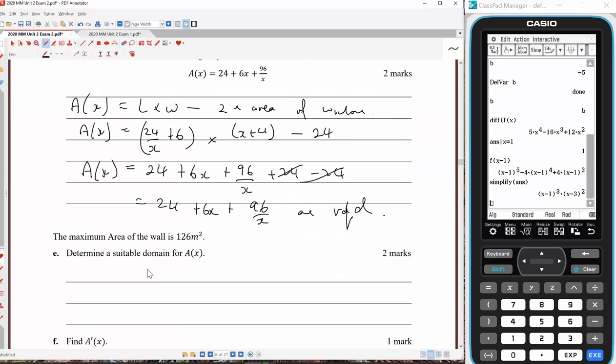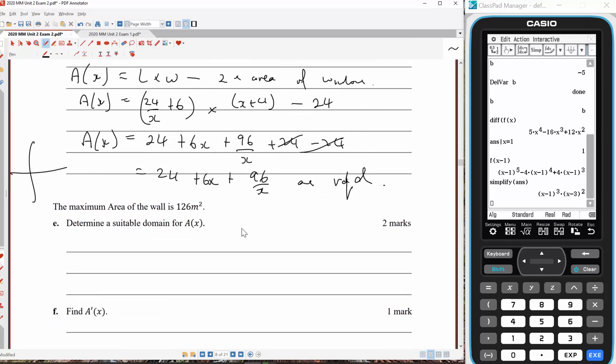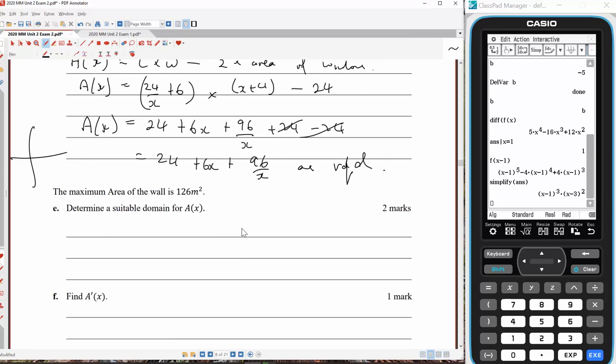The maximum area of the wall is 126. Suitable domain. So what we'll have here is a function. So maximum area is 126, so we'll go A of x equals 126.